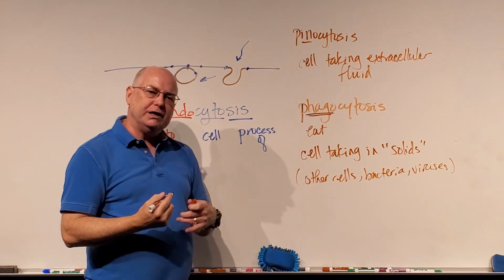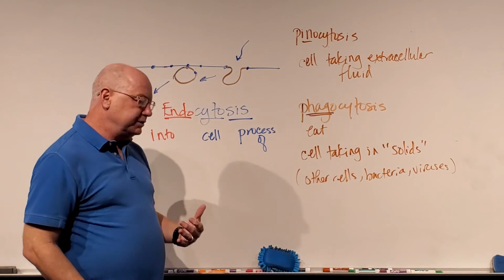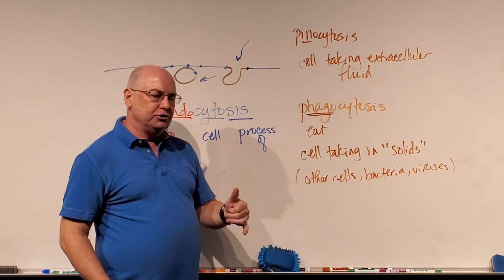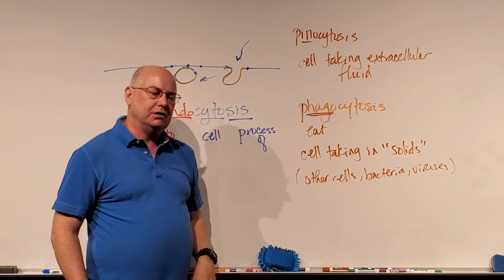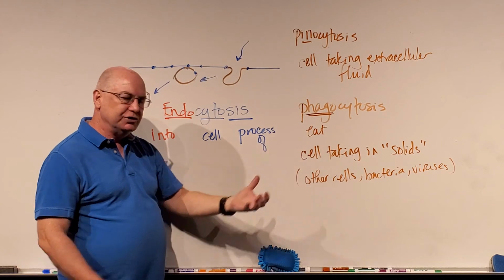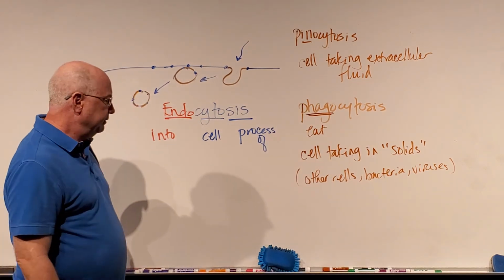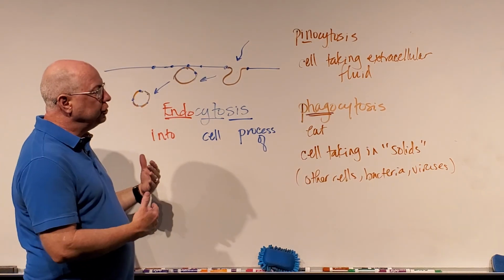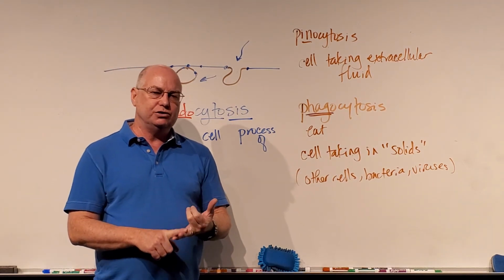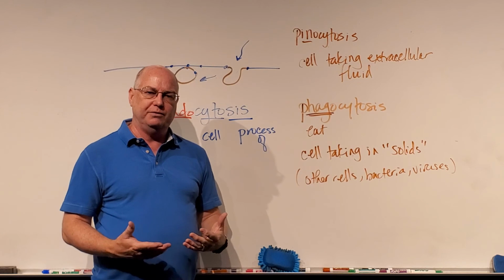It's like the cell drinking. And when I was in high school, I used to get phago and pinocytosis mixed up. And then I realized, well, Pino's a wino, likes to drink a lot. So Pino the wino is cell drinking. Phagocytosis is the cell munching or eating, okay? Both of those are types of endocytosis, and both endo and exocytosis using vesicles is an active form of transport.